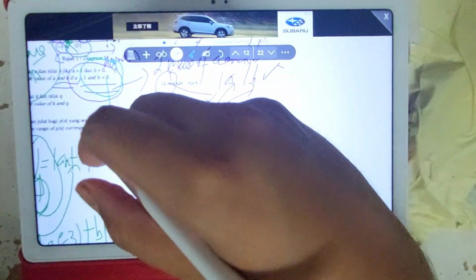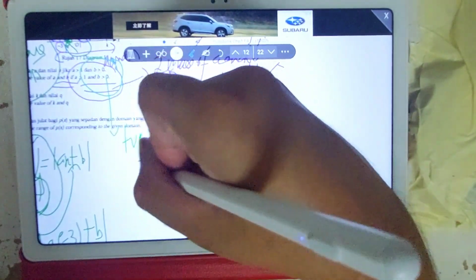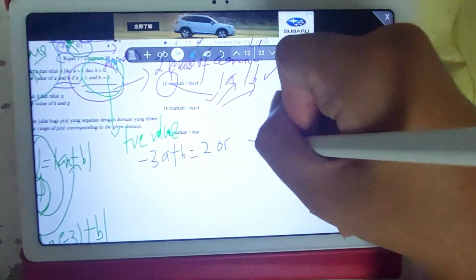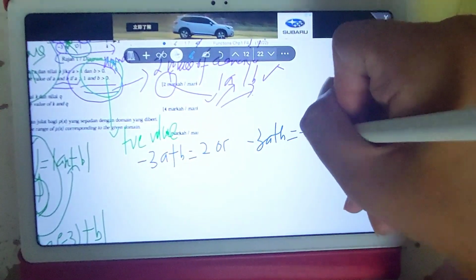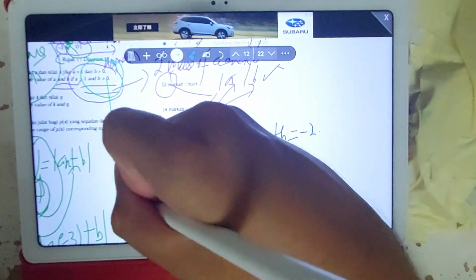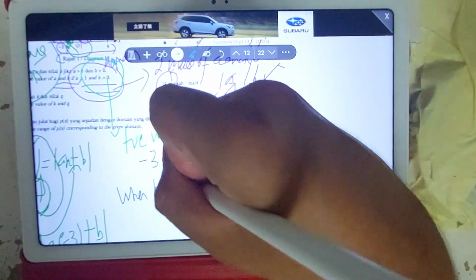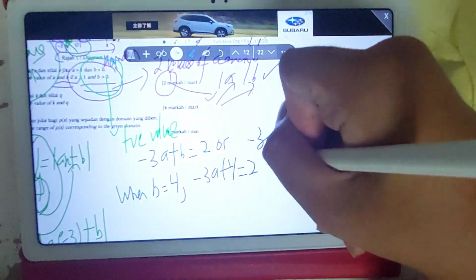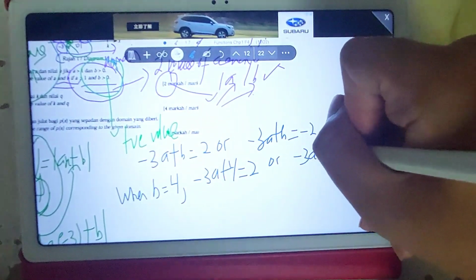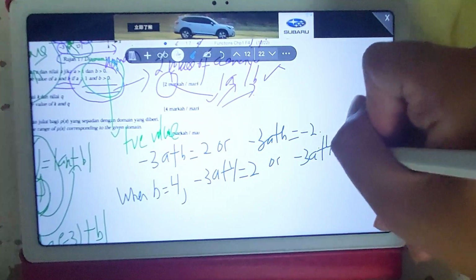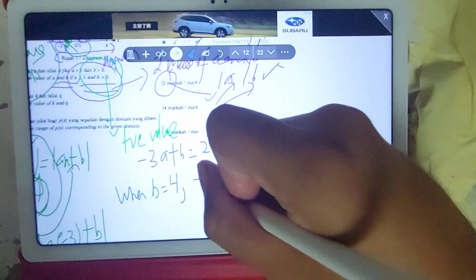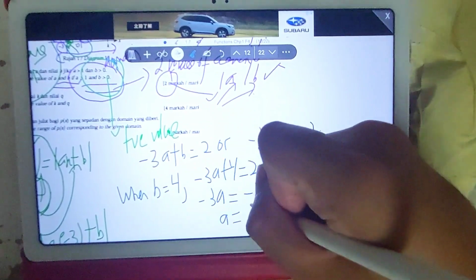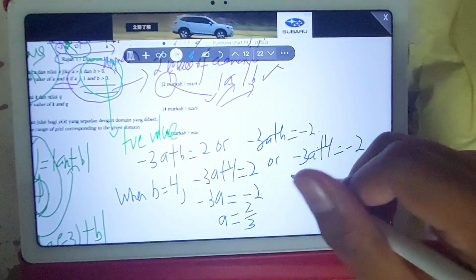Here. So you have that negative 3a plus b can be 2, or negative 3a plus b can be negative 2. So you say when b is 4, because we found the value, so negative 3a plus 4 can be 2, or negative 3a plus 4 can be negative 2. So you find your a value. This side you will get a as 2 over 3. Be careful of your shifting.